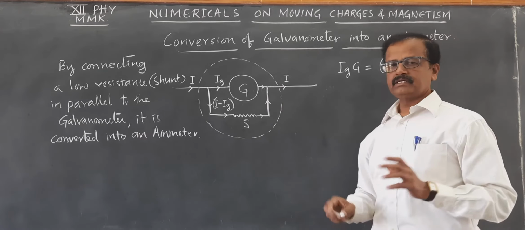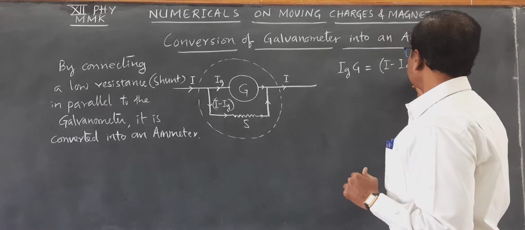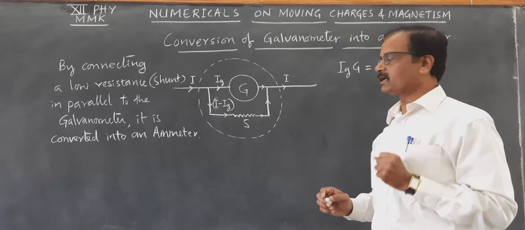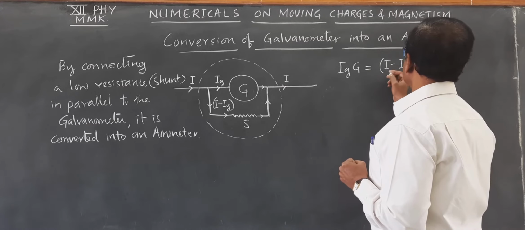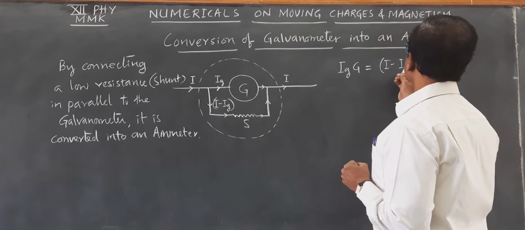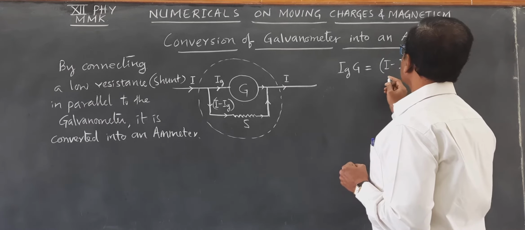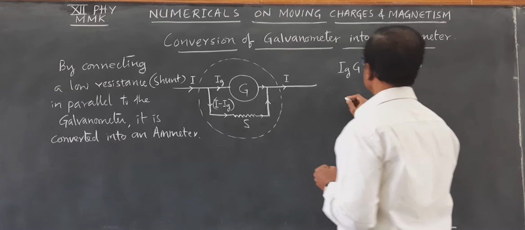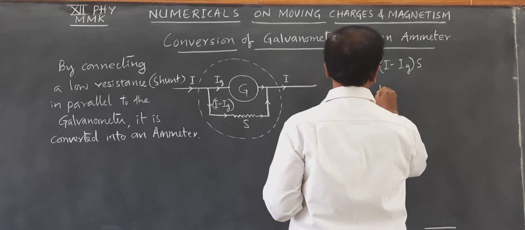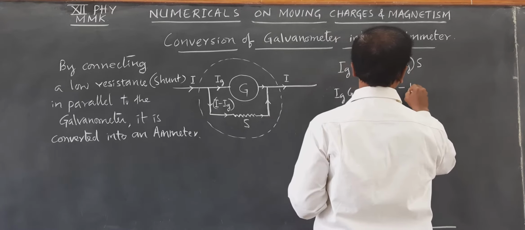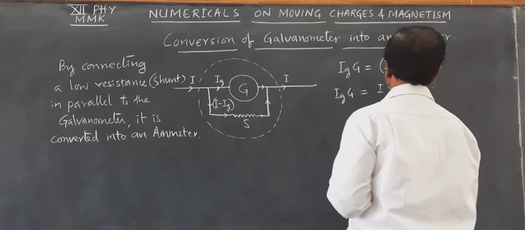G is the resistance of the galvanometer and S is the low resistance connected in parallel. Now, to calculate this, we can rearrange the terms. Therefore, IgG is equal to IS minus IgS.